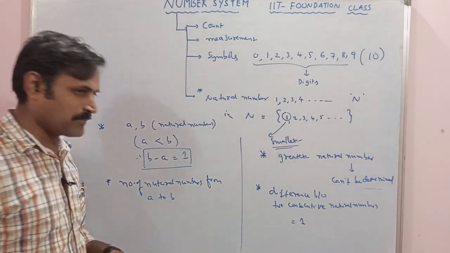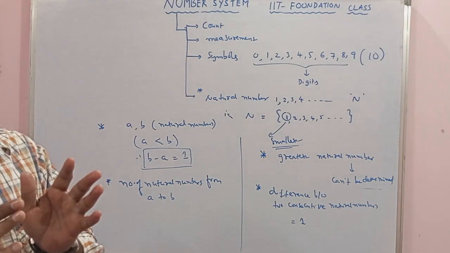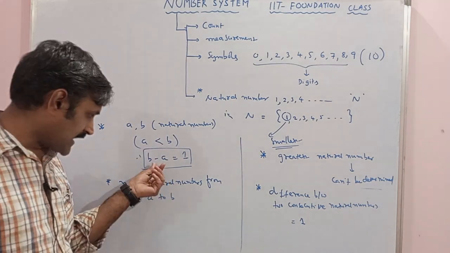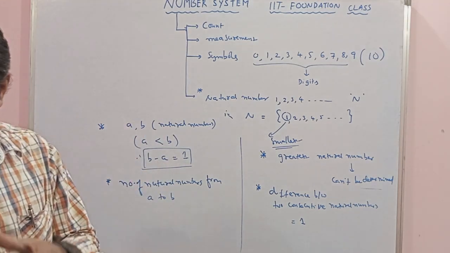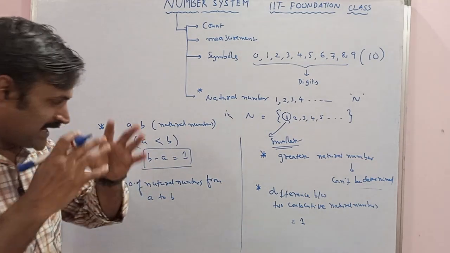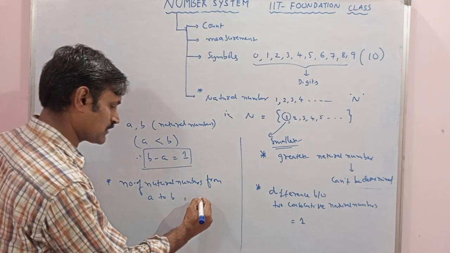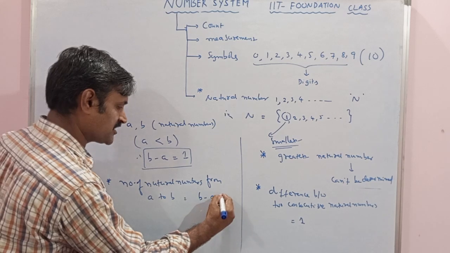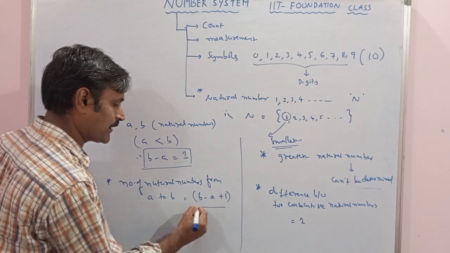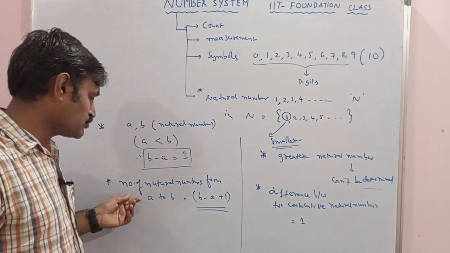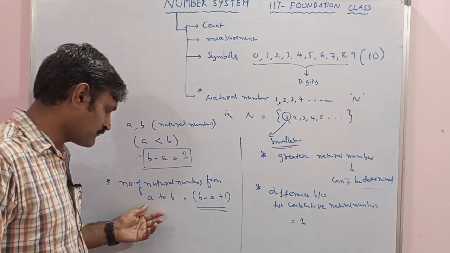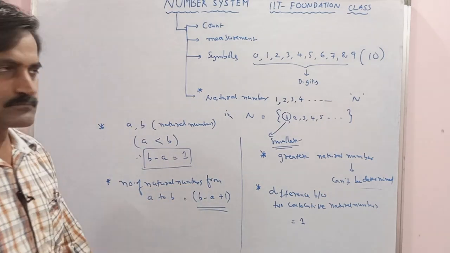It will be nothing but the difference we calculated, B minus A, and with that you add 1. That is equal to B minus A plus 1, which gives the number of natural numbers starting from A to B.